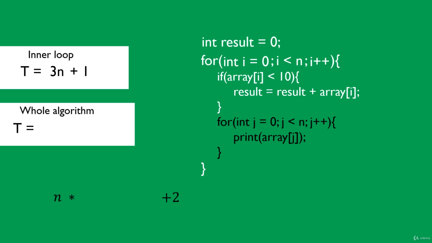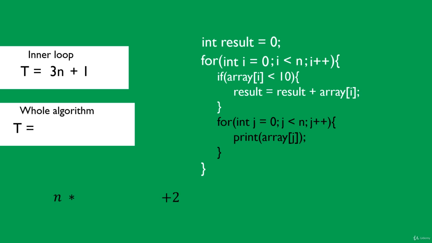But if all the numbers are smaller than 10, we need 3 instructions because of the plus and assignment operation. So what do we do? Well, we need to count with the worst case scenario, because we want to know the complexity of the worst case.